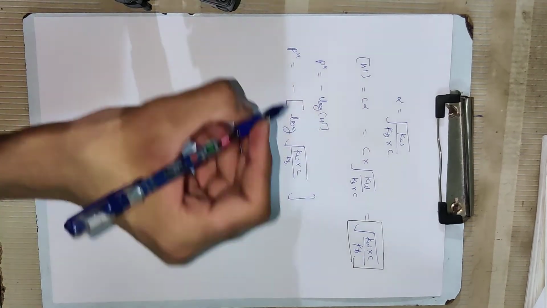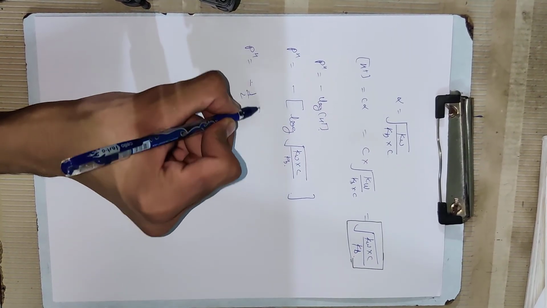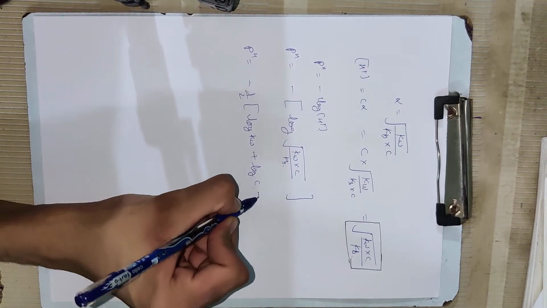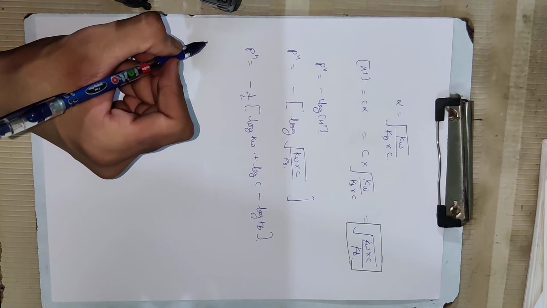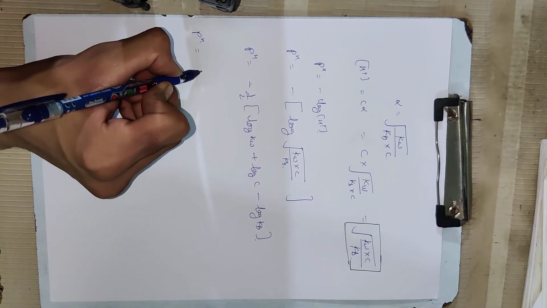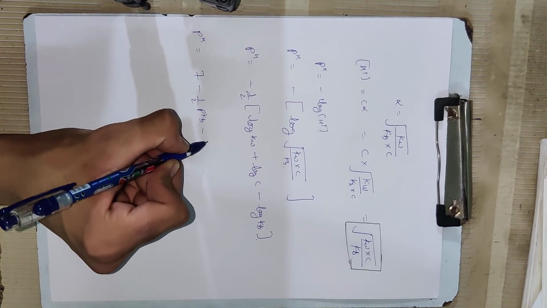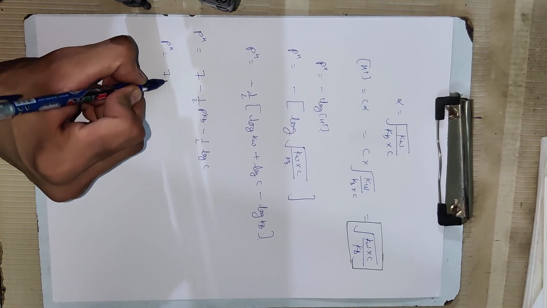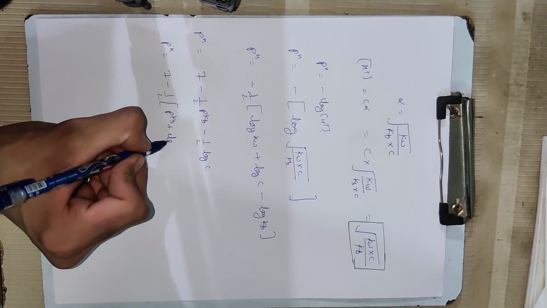So pH is this. You will find pH equals minus half, log of Kw plus log of C minus log of Kb. From this you will get the formula as pH equals 7 minus half pKb minus half log of C, that is pH equals 7 minus half of (pKb plus log C).